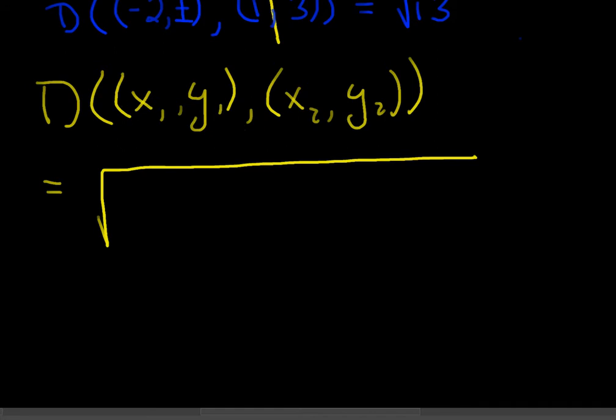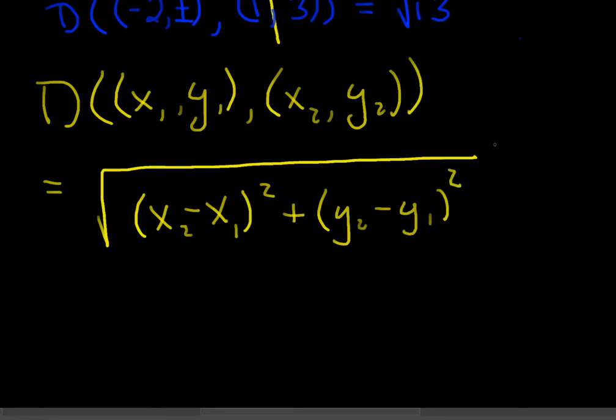It's going to be the distance between the x-coordinates. So I just need to take x2 minus x1 and then square it, because that's the length of the base. And then I'll add it to y2 minus y1 and square it.